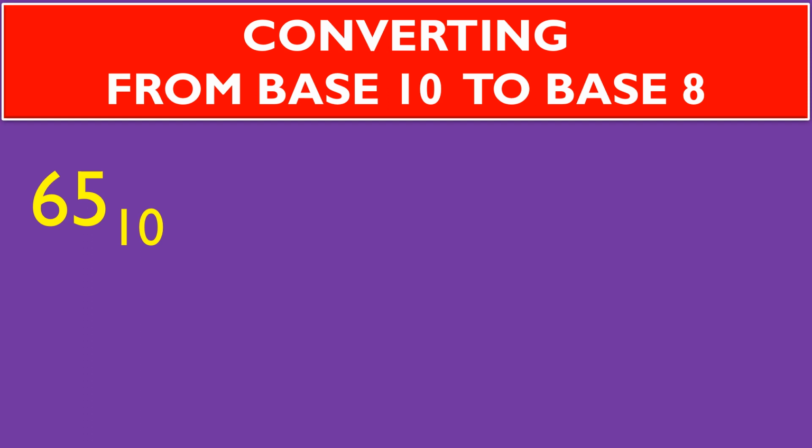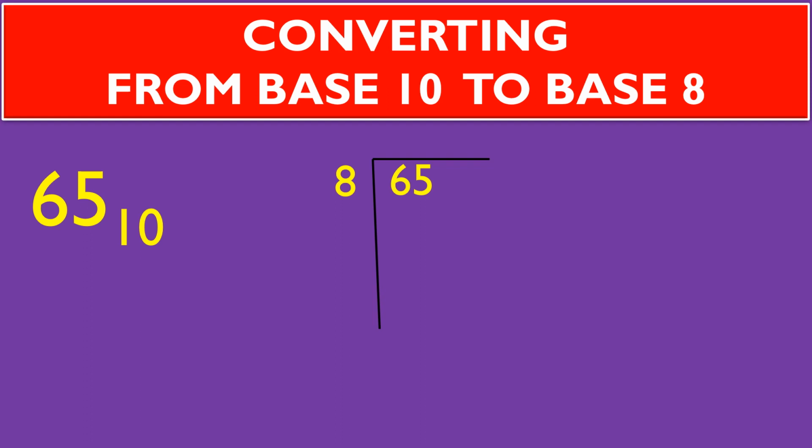So what we do is, when converting from base 10 to another base, we simply divide it by that base. What I mean is, 65 in base 10 will now be divided by 8. So when you're converting from base 10 to base 8, you divide that number by 8.